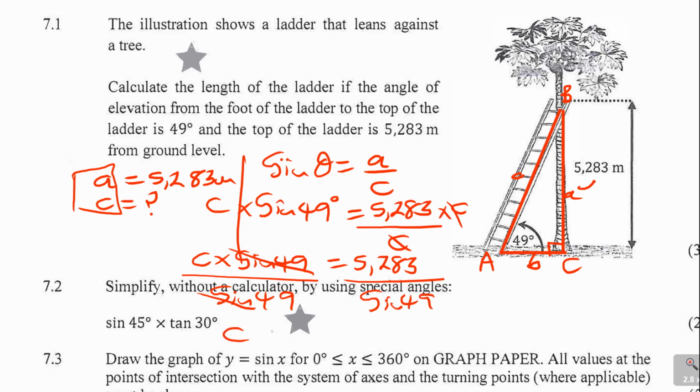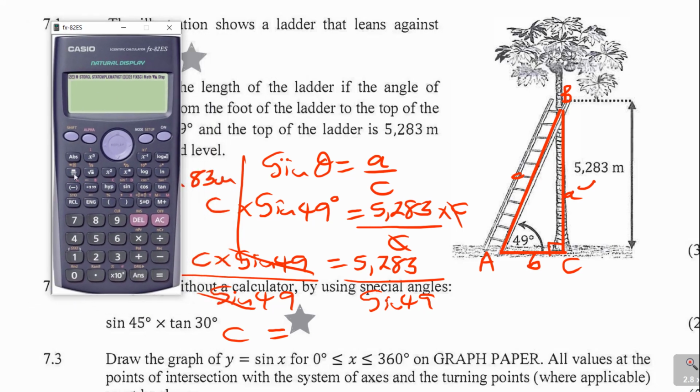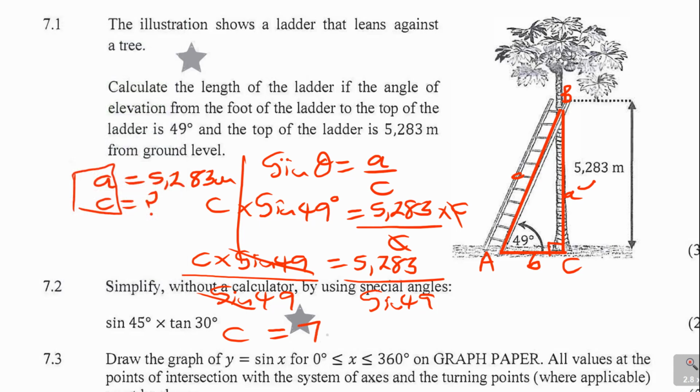Then you are going to get your C as the final answer: 5,283 over sine 49 is equal to 7,00004. So the answer there is 7 what meters.